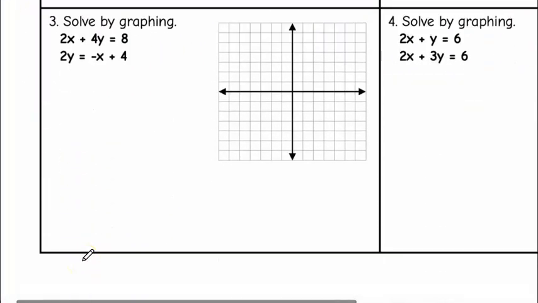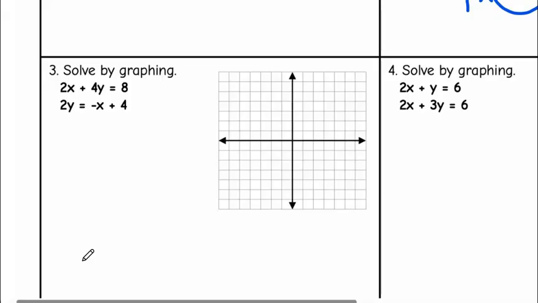All right, let's do number 3. So 3 is, man, I need some room here. We got to write it out here: 2x plus 4y equals 8.